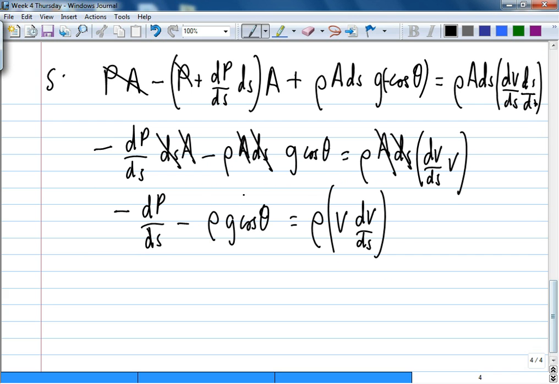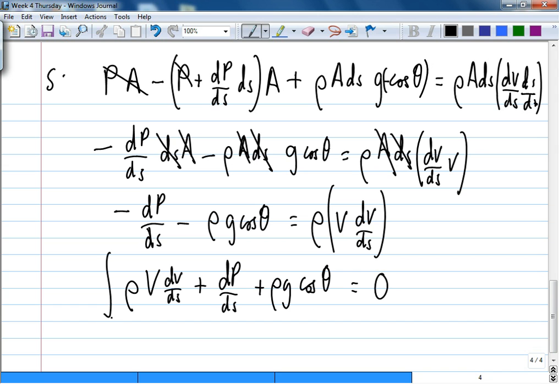First I'll move all these terms to this side. So I have rho v dv on ds plus dp on ds plus rho g cos theta equals 0. I integrate this from point 1 to point 2. Integrating 0 from point 1 to point 2 is not going to be very exciting.